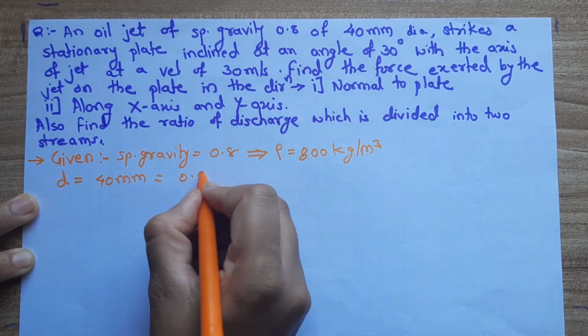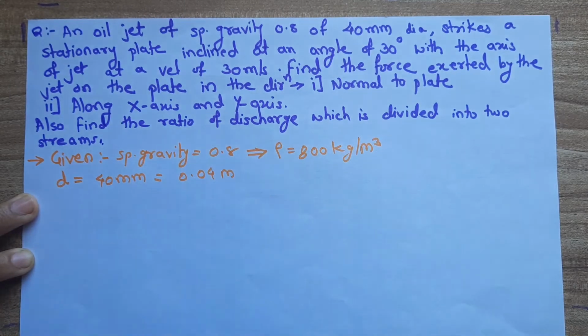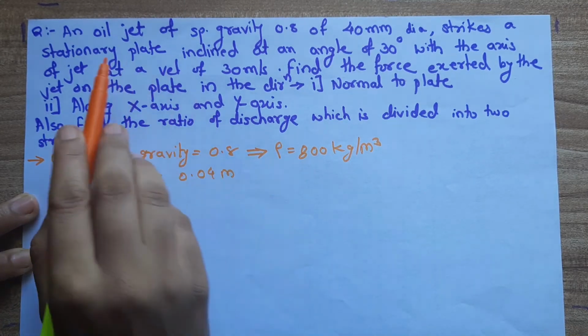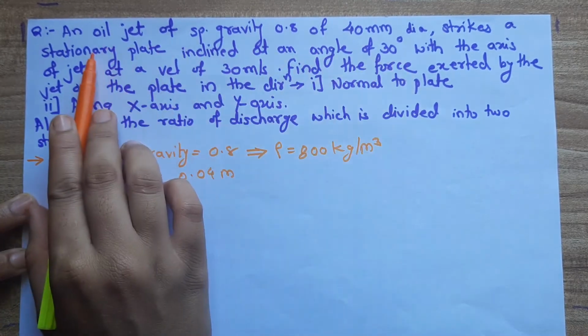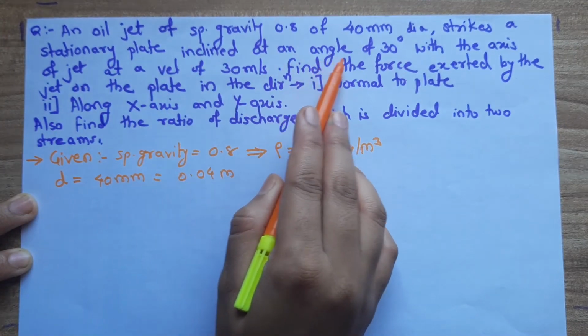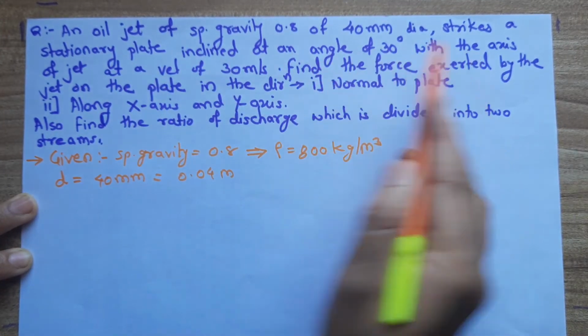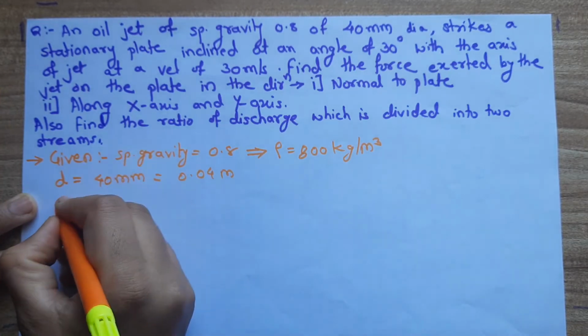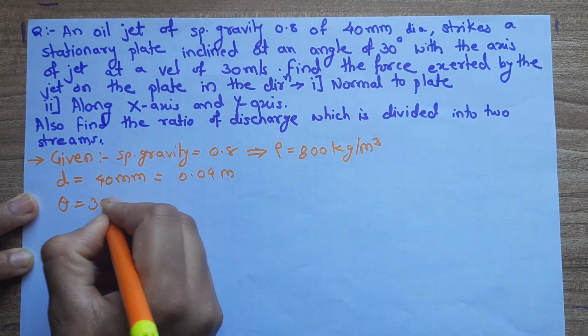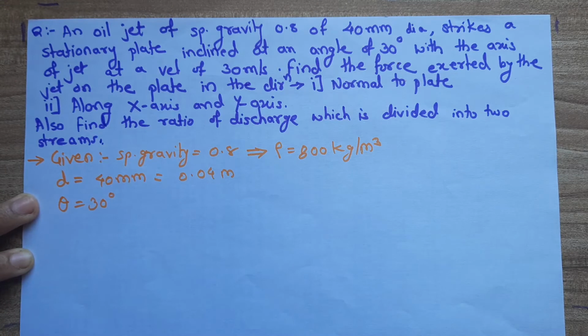Let's convert it into meters, that is 0.04 meter. Then another thing given over here is that the stationary plate is inclined at an angle of 30 degrees with the axis of the jet. That means directly the theta angle is given over here, that is 30. Let me talk about this theta angle first, then we will move forward with the numerical.